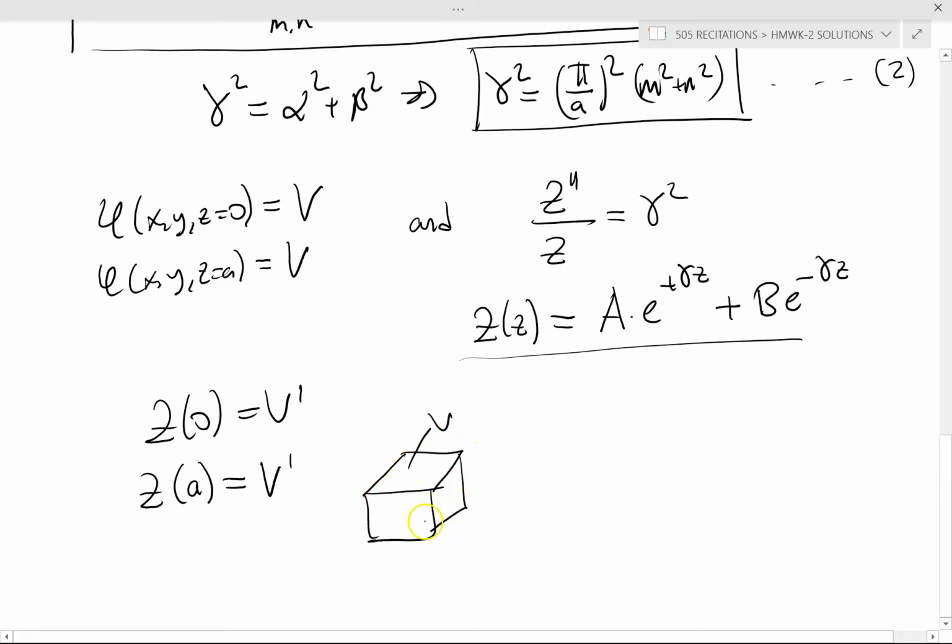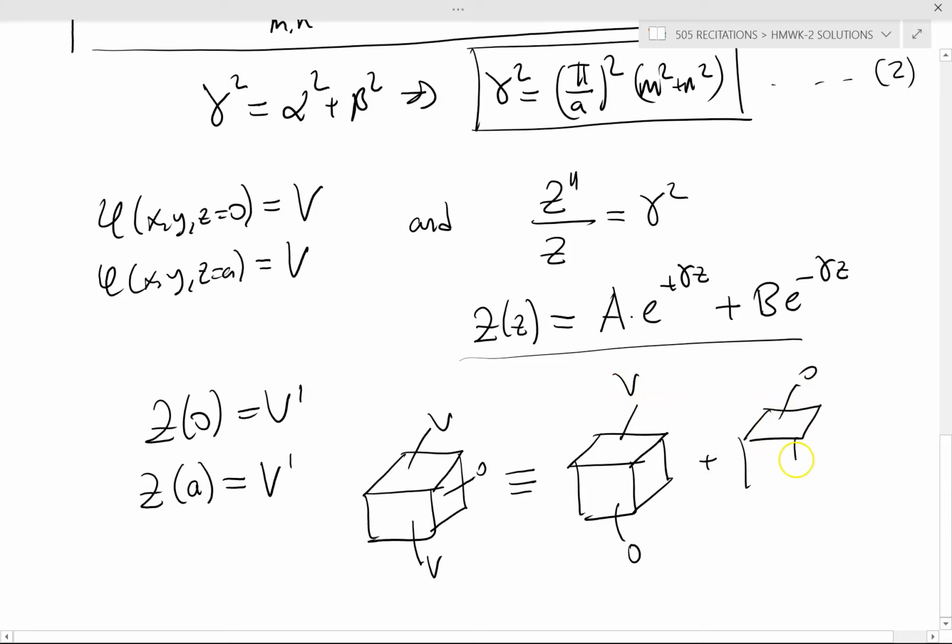So this cube of V and zeros will be the superposition of 0V plus V0.